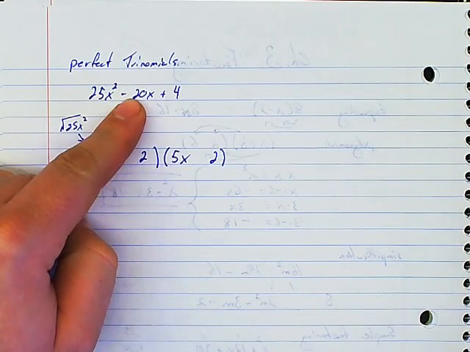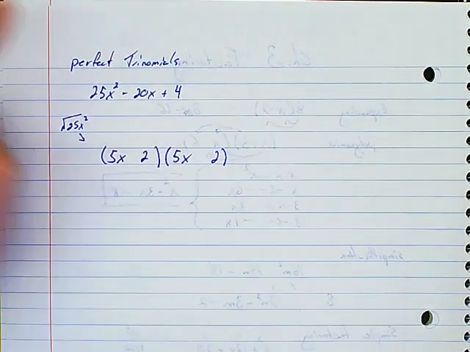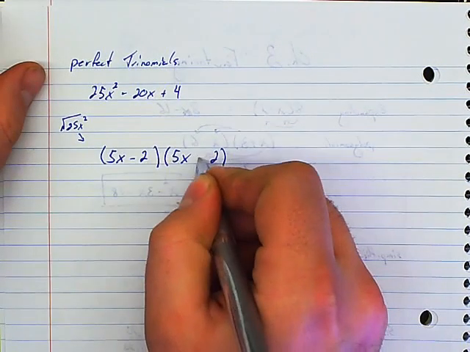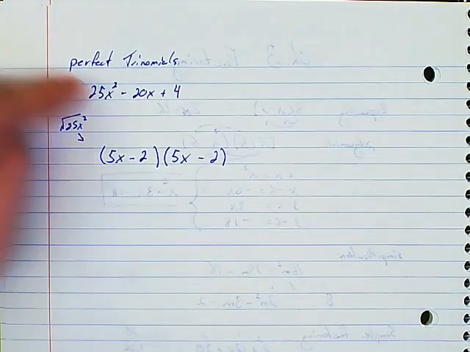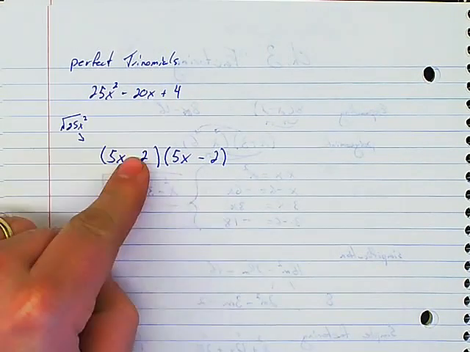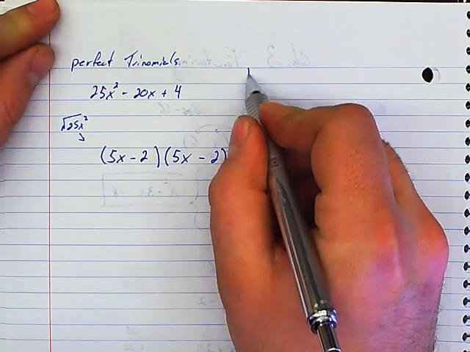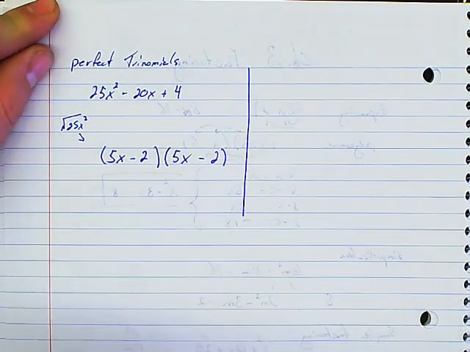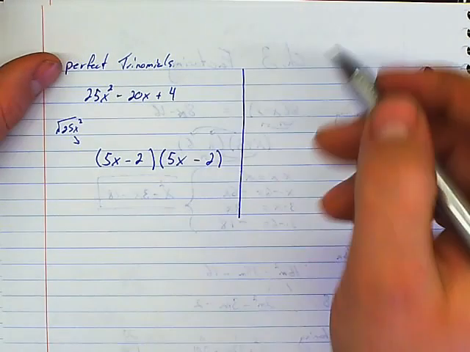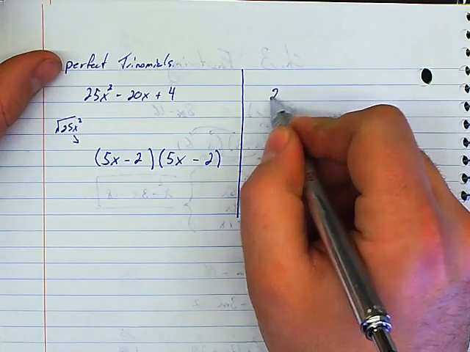If we don't have a middle term, we know that we're going to have a positive and a negative because they cancel out that middle term. In our case here, because our middle term is negative and our last term is positive, this must be a negative and a negative. If this was a positive and a positive, it'd then be a positive and a positive.